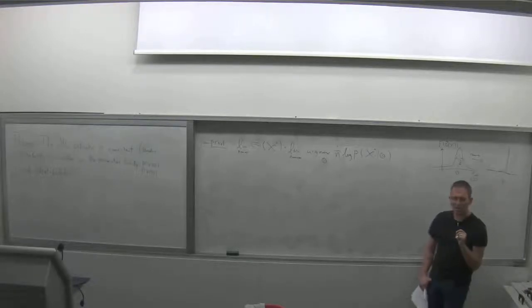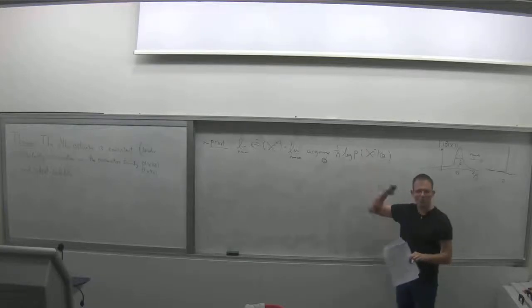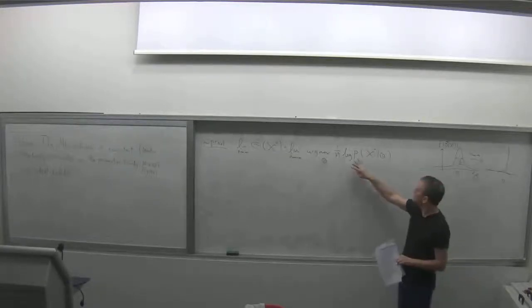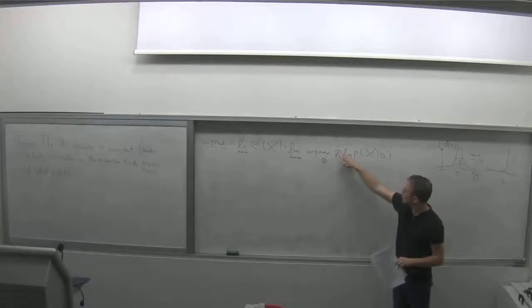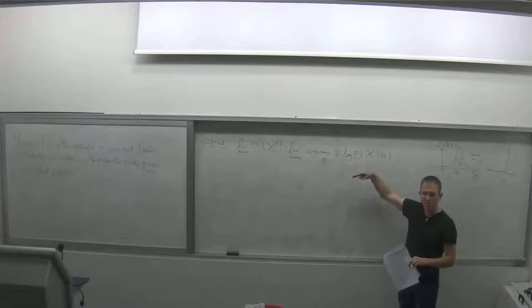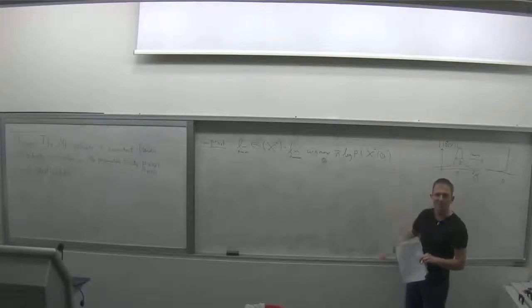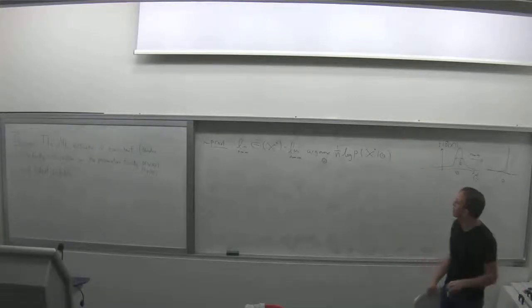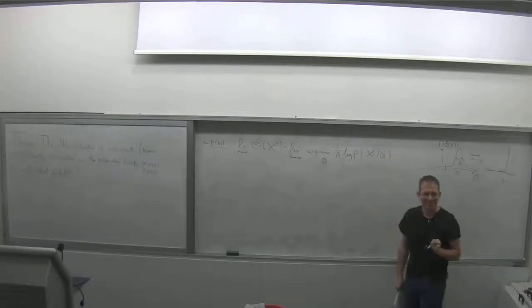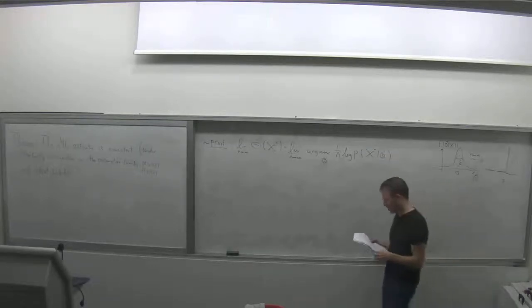Because when you take n to infinity, it's best that the thing you're looking at does not go to infinity itself. If you take 1 over n, this is sort of the average likelihood, and this will not go to infinity.